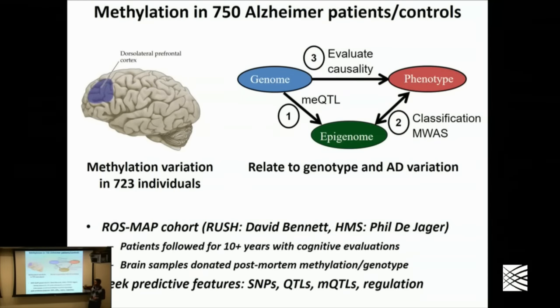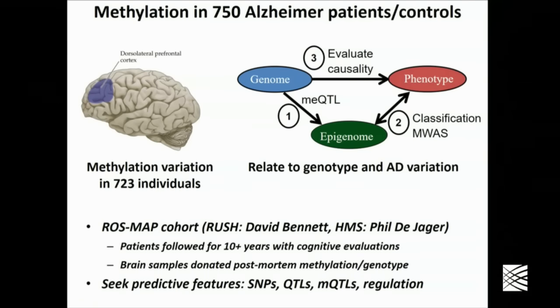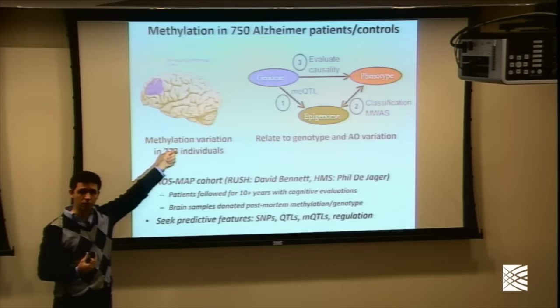So in the context of all this, we basically teamed up with David Bennett and Phil de Jager, and we went after these very large cohorts that David has gathered over multiple decades now of recruiting people in a longitudinal study. So these people enroll, and they have agreed to donate their brain post-mortem, and they undergo cognitive evaluations over many, many years, and they end up with this cohort where we have very rich phenotypic information, but also access to a traditionally inaccessible tissue, which is the brain.